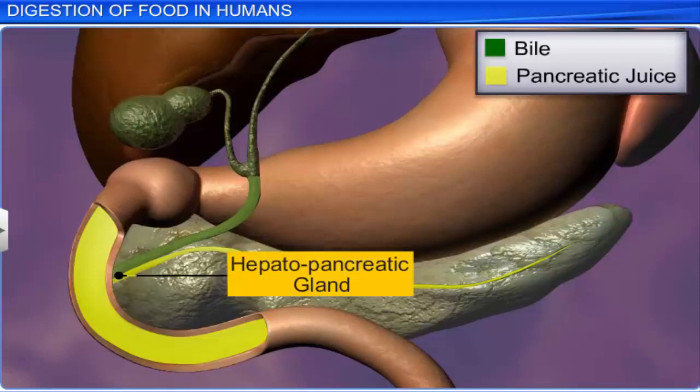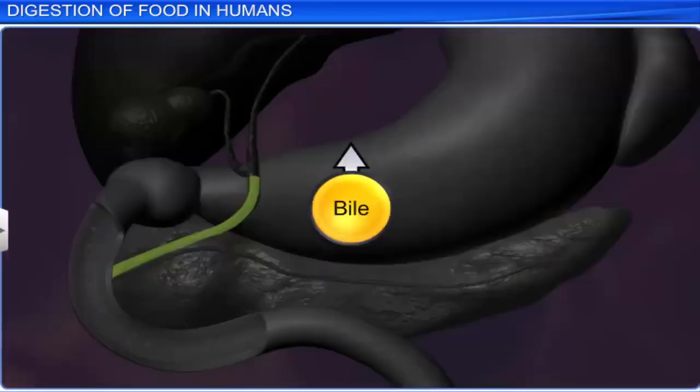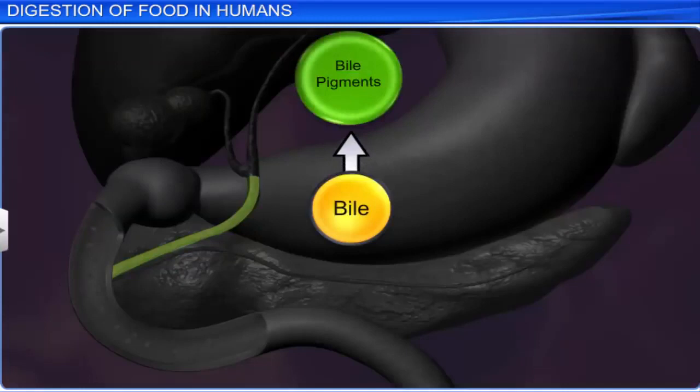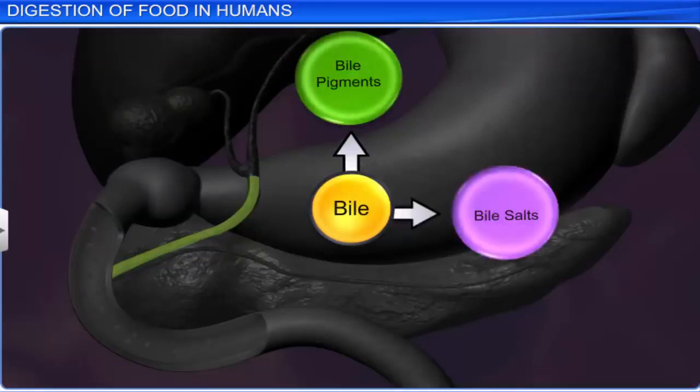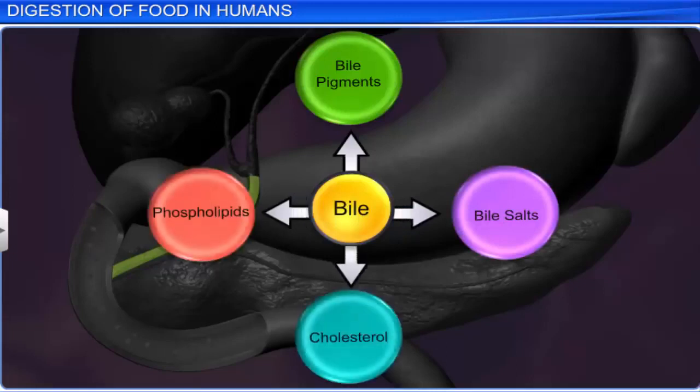These secretions contain different enzymes and pigments that help in the further breakdown of food molecules. Bile, for example, contains bile pigments such as bilirubin and biliverdin, bile salts, cholesterol, and phospholipids.